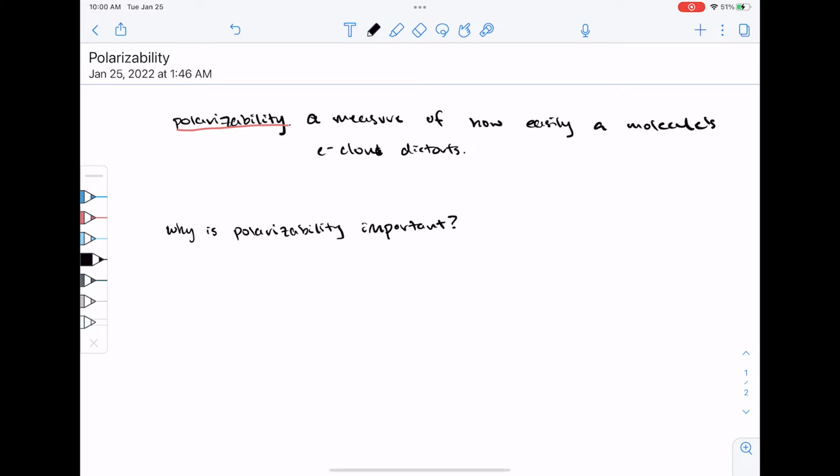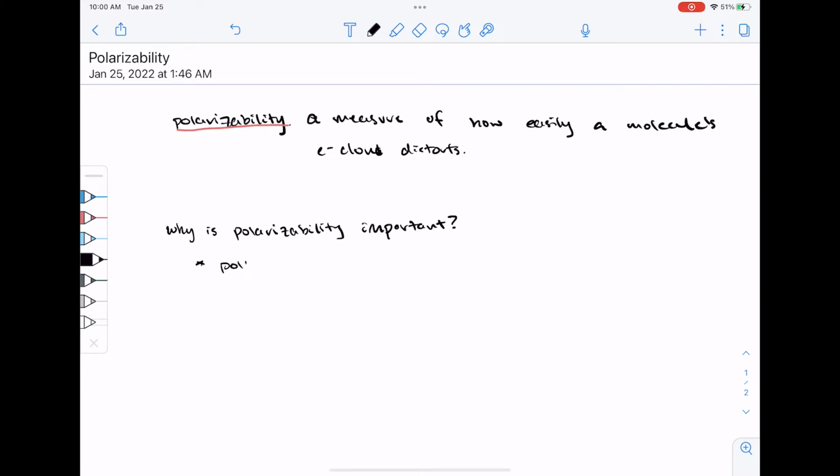Well, a molecule's polarizability partially determines how it interacts with other molecules, and these intermolecular interactions are very important when considering how a molecule acting as a ligand will bind to a substrate, which has implications for drug design.